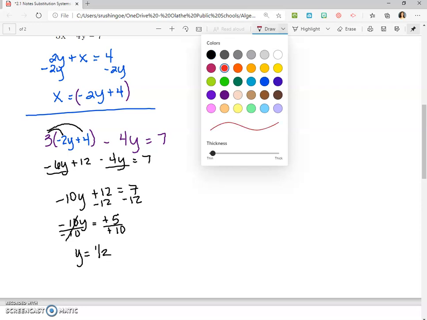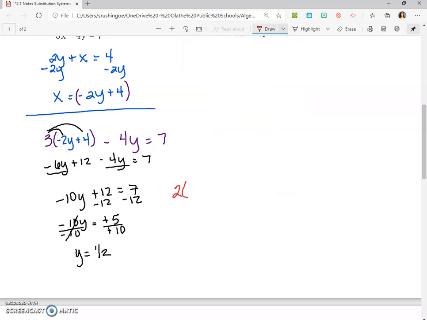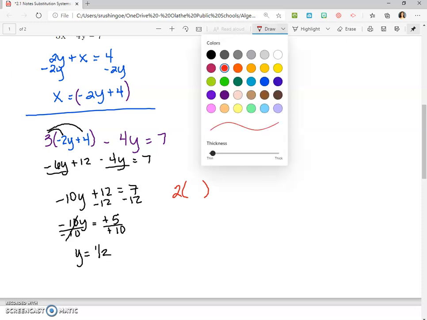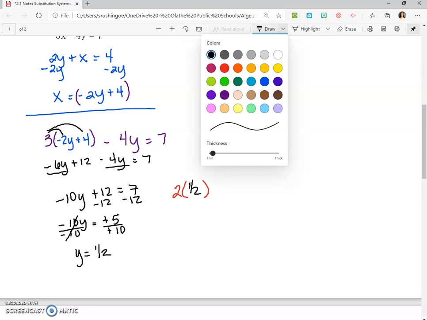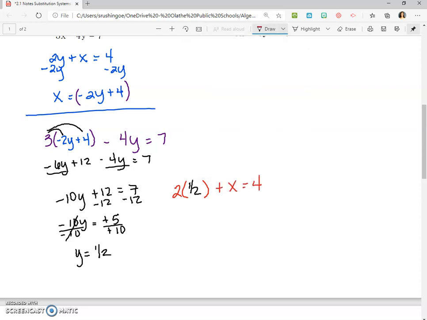And we can plug it back in to maybe that top equation. So 2 times my y, which in this case was 1/2, and then it was plus x equals 4. So half of 2 is 1. And then I'm going to subtract the 1 to get x alone, and x is 3.